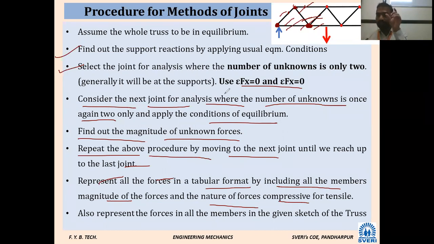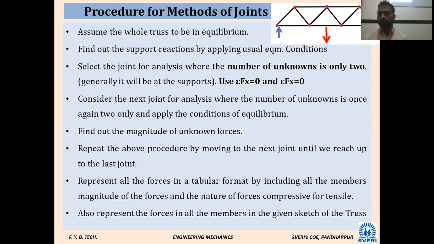You have to write the name of the members, magnitude of the forces and its nature, that is tension or compression. Then again you have to show all the representation in the truss. You have to draw the same given truss and show the magnitude and its nature in the truss. That is how we have to do the method.